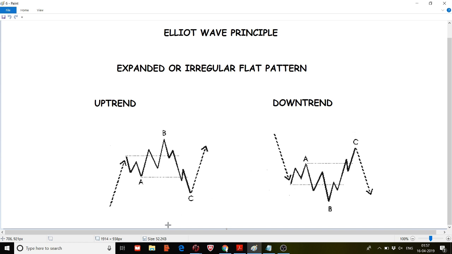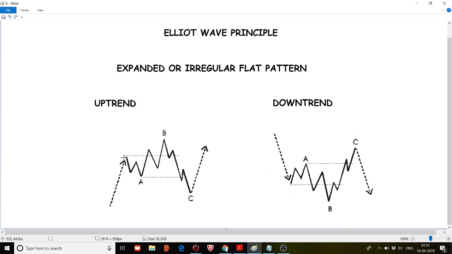And Elliott wave principle is also based on the technical observation that the market moves in a repetitive pattern. So for expanded flat, just keep in mind that it will be just like a head and shoulder pattern, but there are some rules and guidelines which you will need to follow, so that you can easily identify it on the chart.